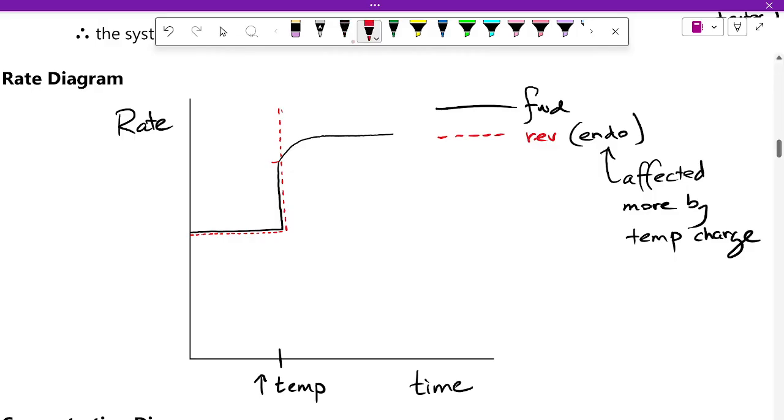And then this one's going to go down, steep, shallow, flat. So that is our rate diagram.